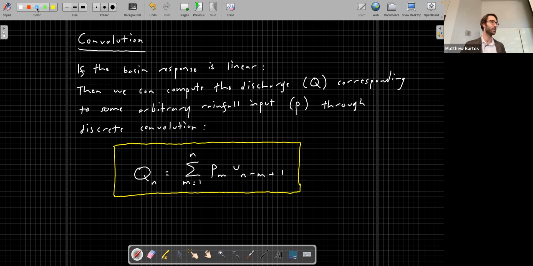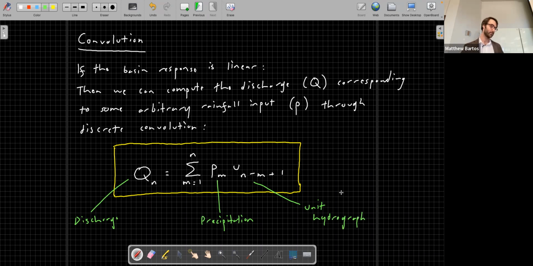So note here, let me define these variables for you. Q is our discharge. So this is maybe the discharge into the channel. P, this is the precipitation. And U is our unit hydrograph. Okay, so let me give you a visual of what's going on.